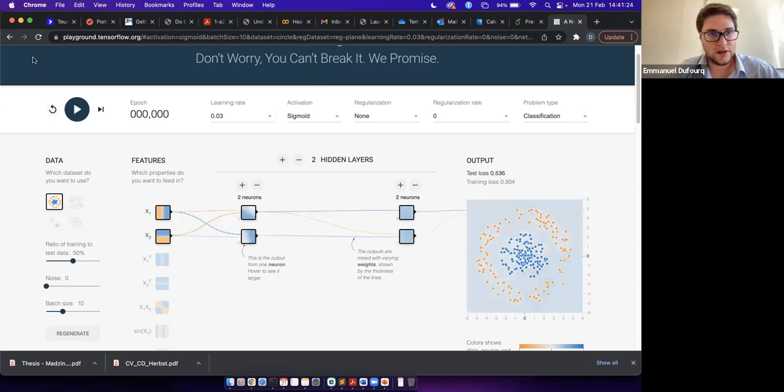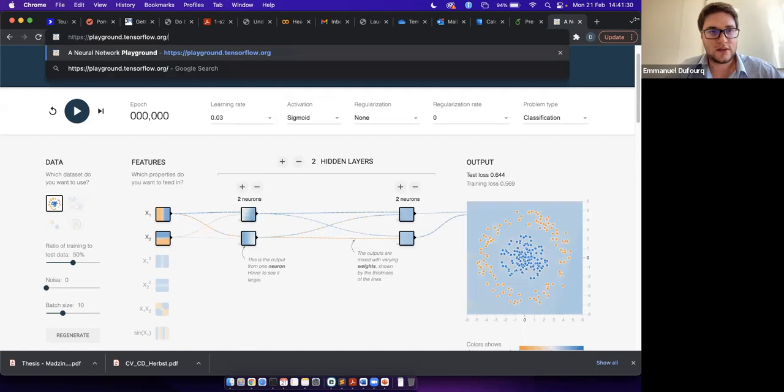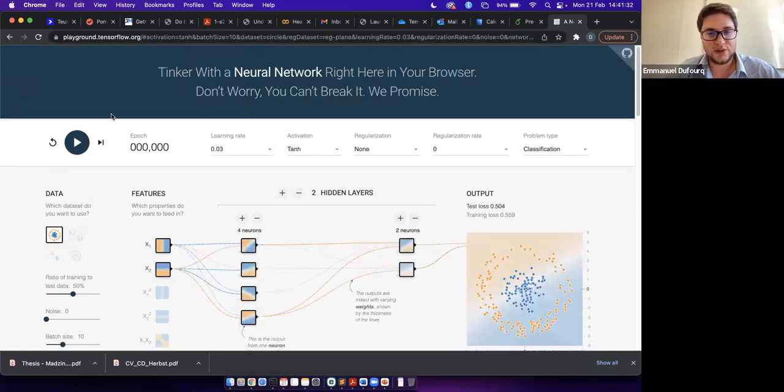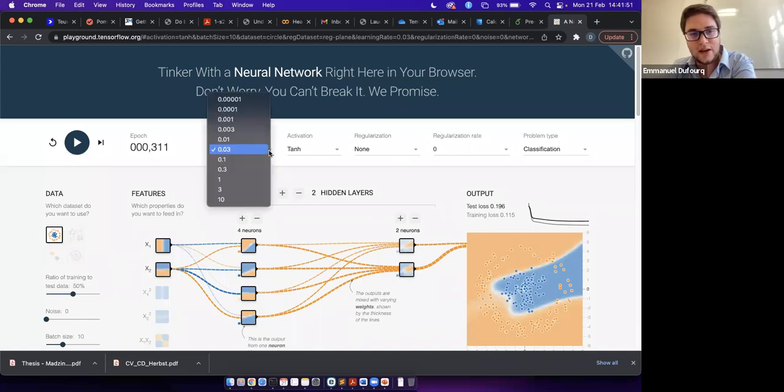Okay, so let me just refresh because I want to show you something, a specific example. Okay, so have a look at the loss. The loss is decreasing. But now, what if instead I had a really large loss?